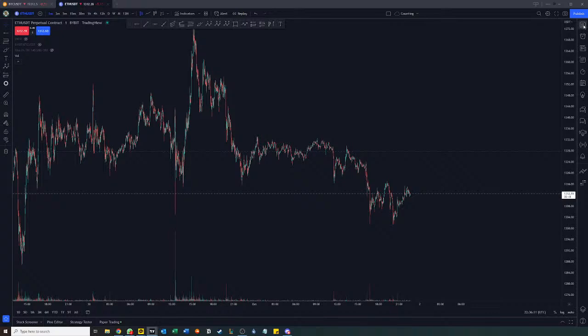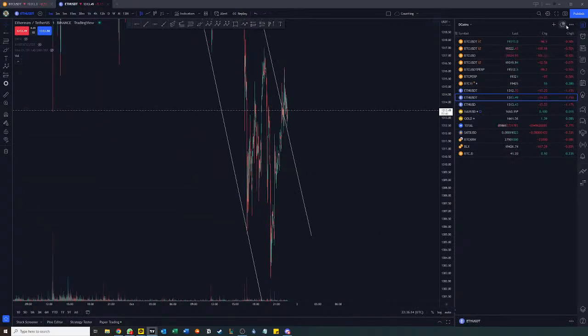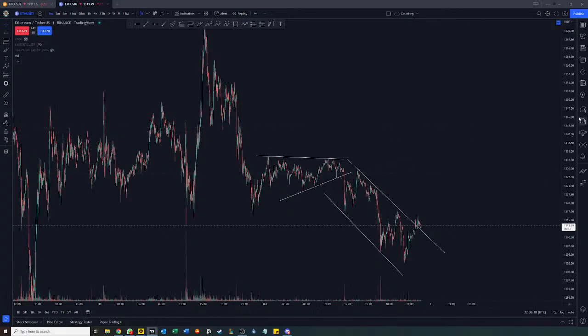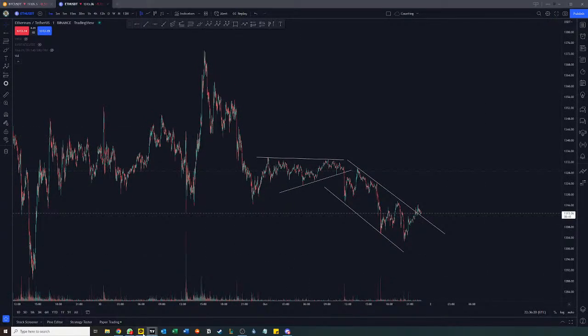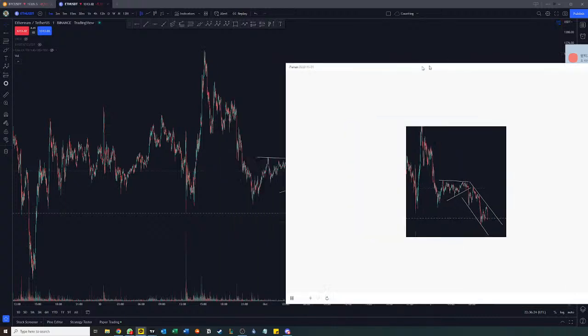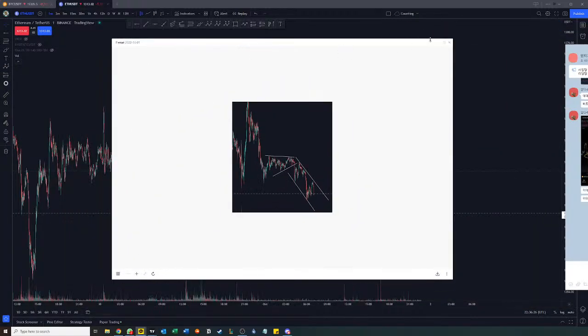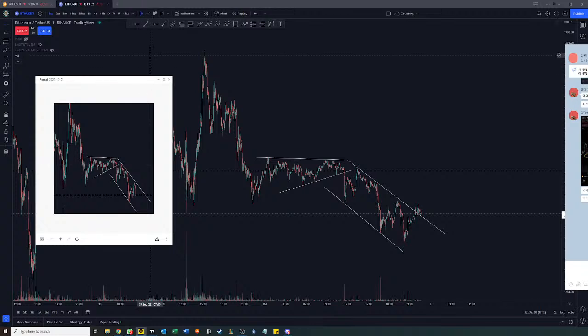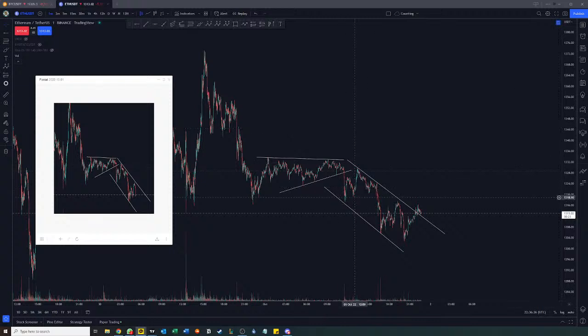Yeah, actually here. I don't know if you can see, they're exactly the same chart, and from here you can see this part going down 5 waves as I expected.